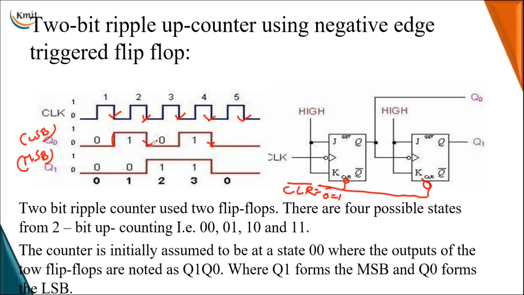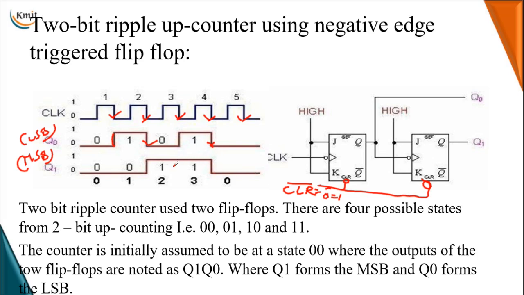When Q naught has a falling edge, then from the present state, since my JK inputs are 1, 1, it rises to logical 1, and this state continues up to the second negative edge of Q naught.